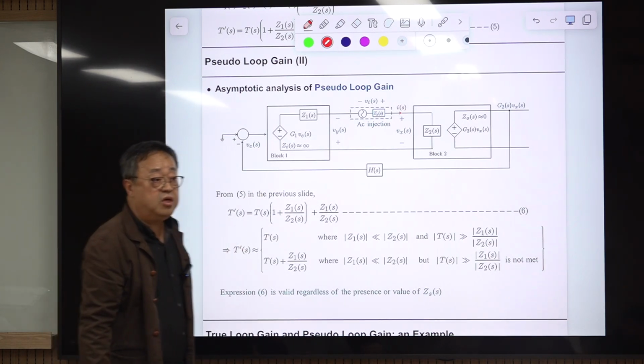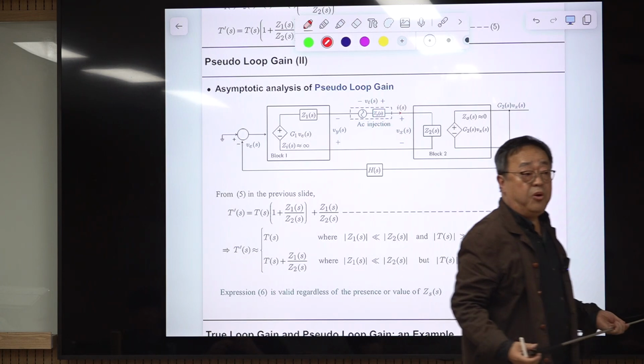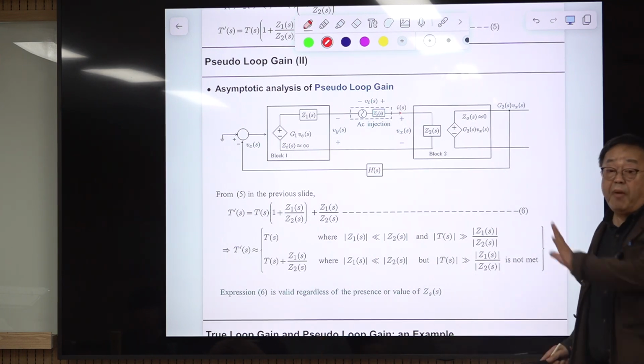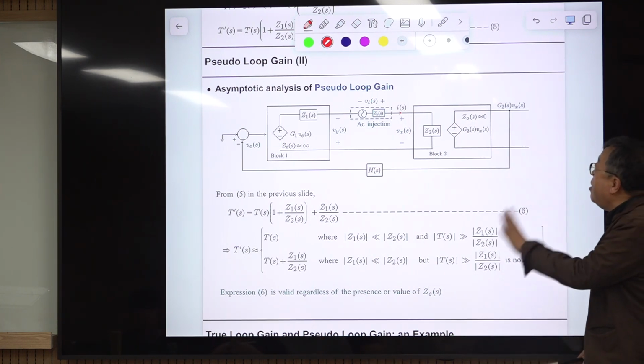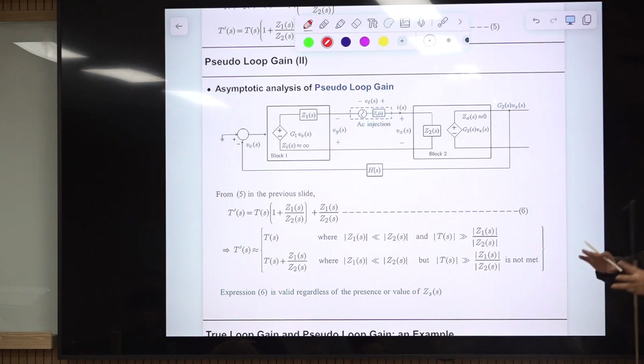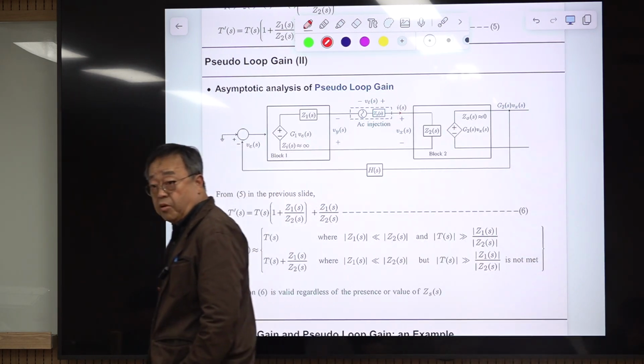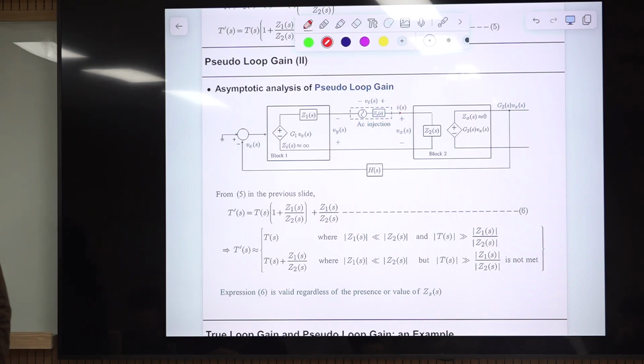The big question is, what happens if you have an initially unstable converter? Still, this method can be used, with some modification, and with that modification you can still measure the unstable loop gain of your converter. I'll go into details about this asymptotic analysis and measuring the unstable converter loop gain, because that is one problem of your midterm test.